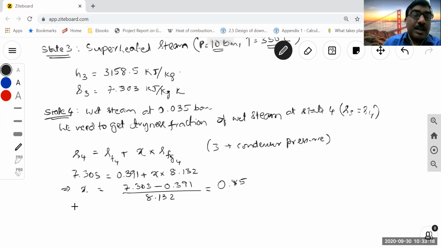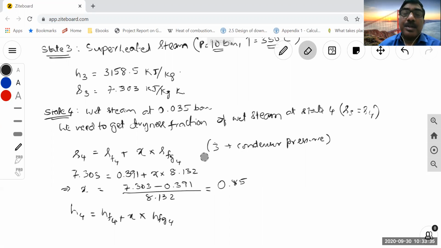Now you can calculate easily what the enthalpy is. H4 is equal to HF4 plus X into HFG4, at the condenser pressure.